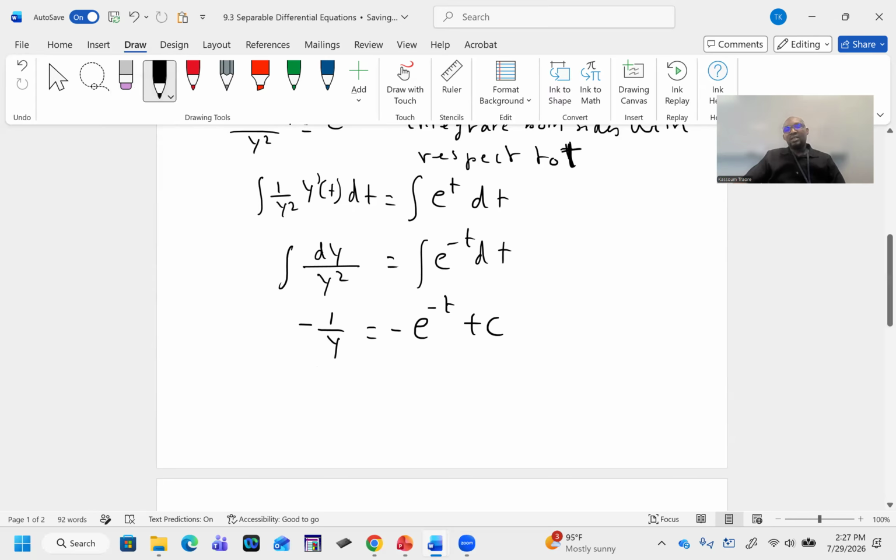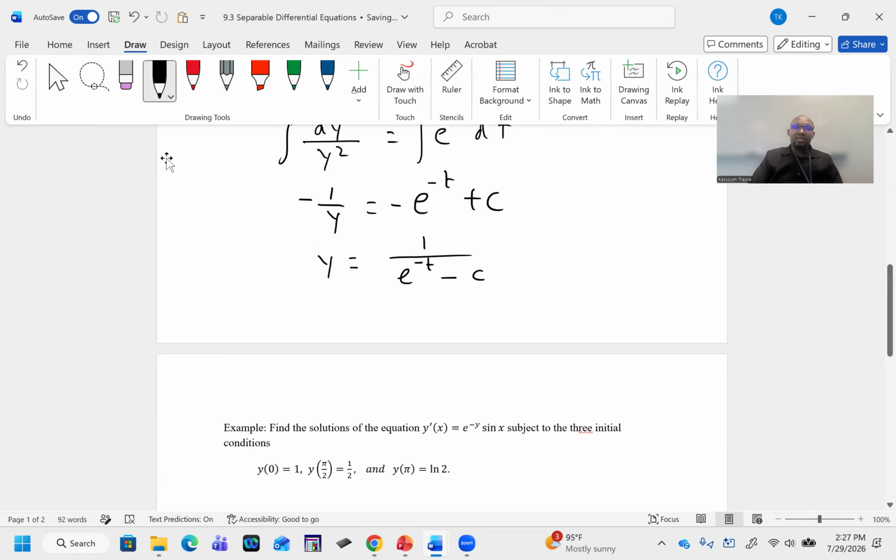Basically, if we have negative 1 divided by y is equal to negative e to the power of negative t plus c, that means y would be equal to 1 divided by e to the power of negative t minus c.